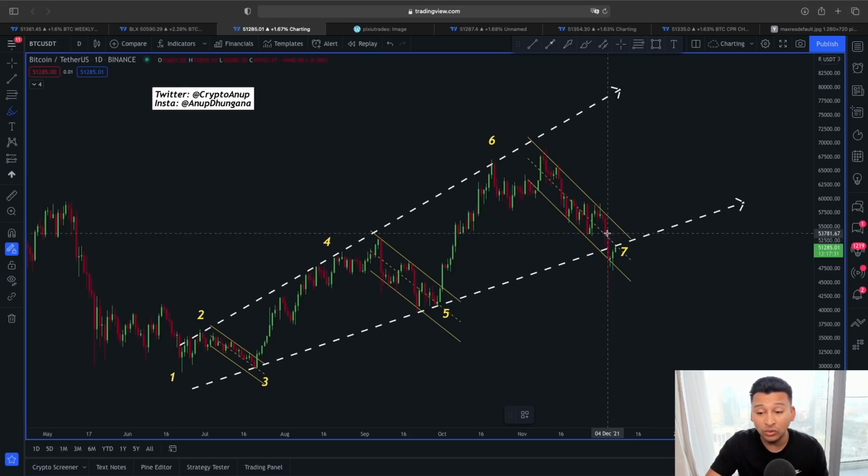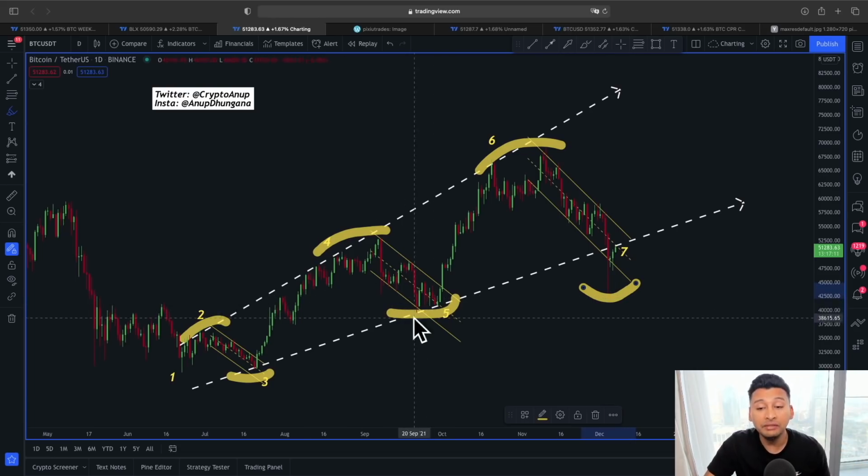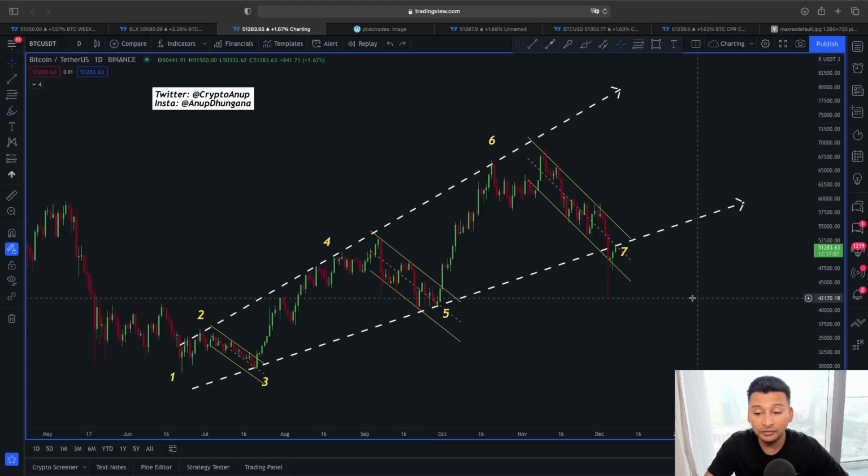Since the price of Bitcoin broke the support line and came lower, many were asking me, hey Anup, is this accumulation cylinder now invalid? But if you look at this here guys, I want to show you one thing. This is still a higher highs, higher lows continuation pattern. This pullback we witnessed is still higher than the previous low. So that's why I'm still sticking to this accumulation cylinder from Jesse Livermore.